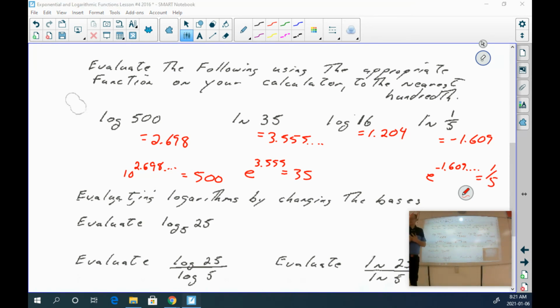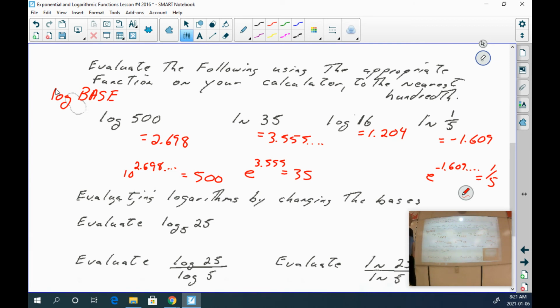Now, there are buttons on our calculator, and if you go to your math tool on an 83 or an 84 and scroll down, you will find something called log base. If I asked you to do log base 2 of 50, we would use that log base function.